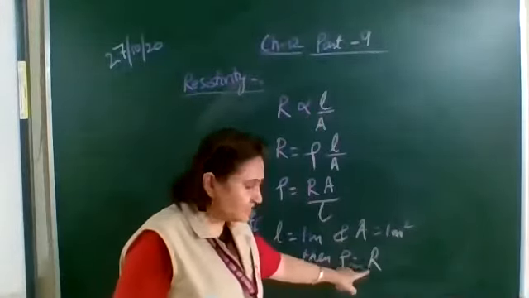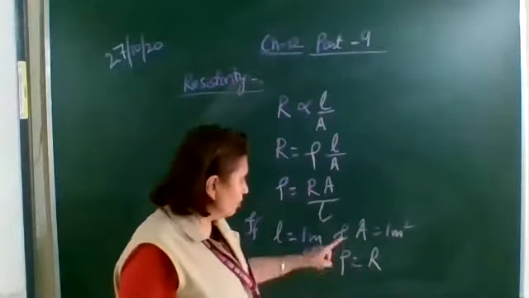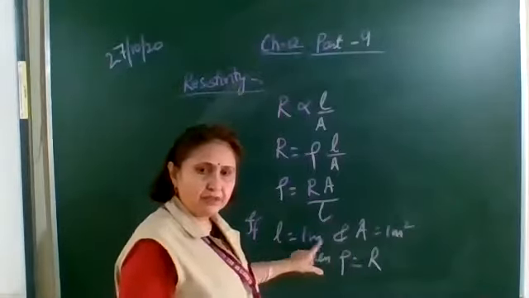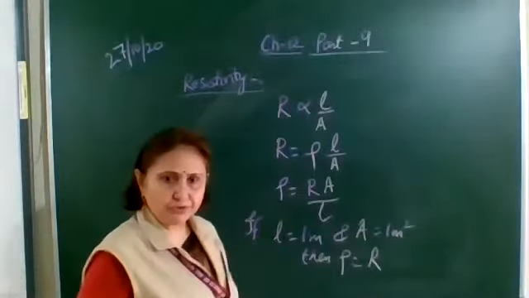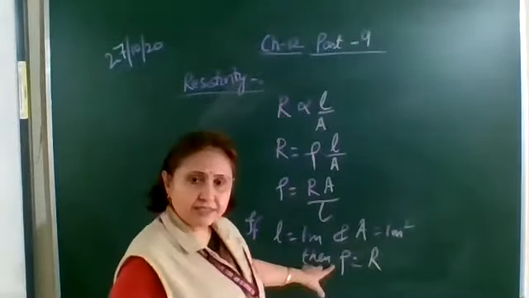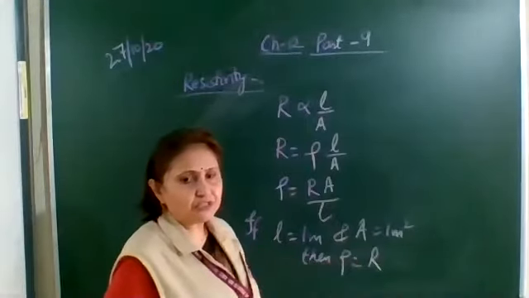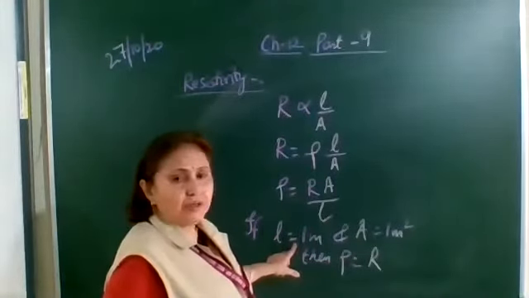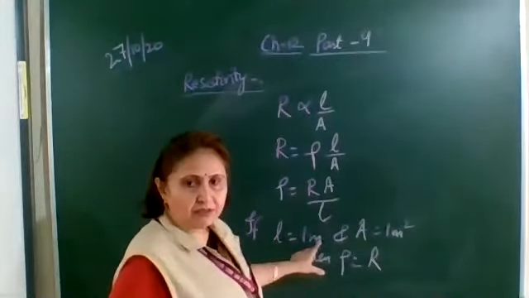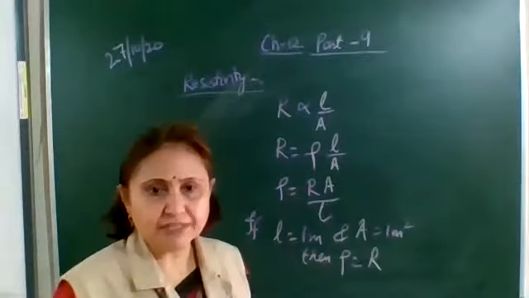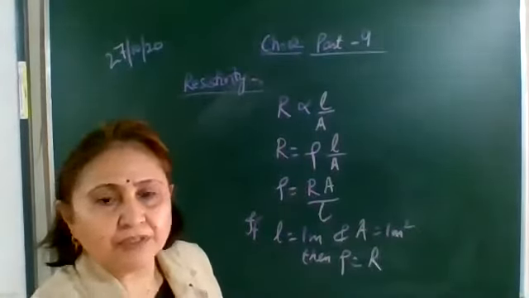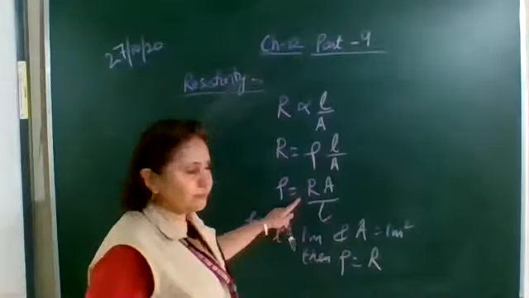Resistivity is the resistance of a conductor whose length is unity and cross-sectional area is also unity. Or you may define it as the resistance of a conductor of length 1 meter and cross-sectional area 1 meter square.